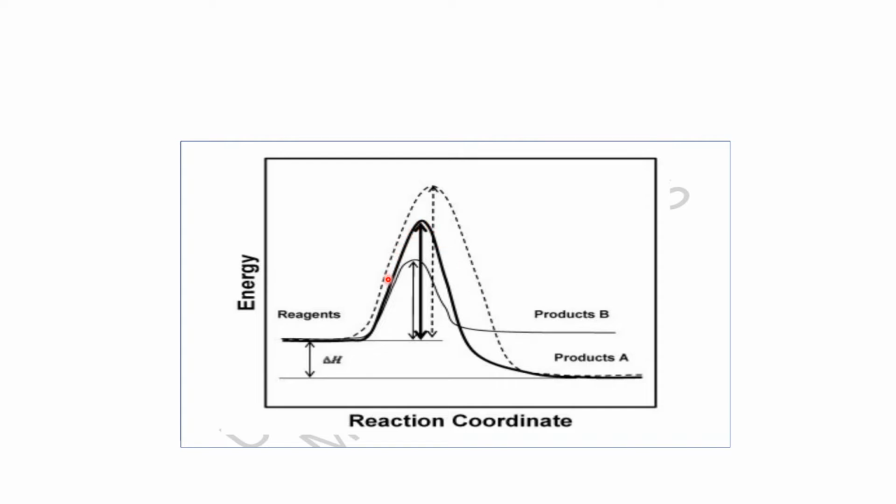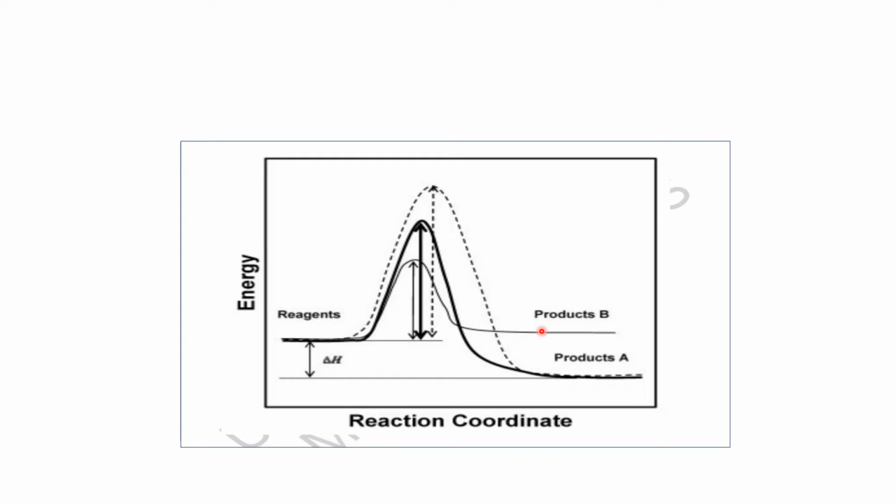The solid thick line, this one, represents the catalyzed reaction leading to the same product. And the solid thin line, this one, represents the catalyzed reaction leading to different products.